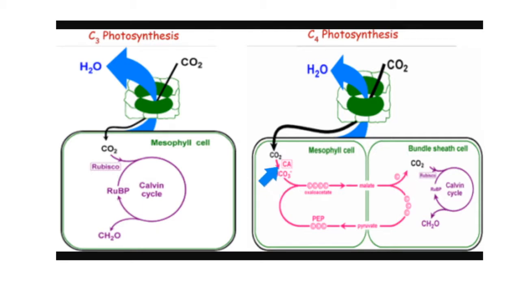So what the C4 plant does is take this PEP carboxylase enzyme and attach the carbon dioxide in those mesophyll cells, and then transfer that into oxaloacetate, hence the name C4, as the 4 carbons then get converted into malate. This then transfers into the bundle sheath cell, releasing the CO2, which can then be fixed with rubisco into forming the sugars, keeping that separate from the photorespiration that would have been taking place in those mesophyll cells.